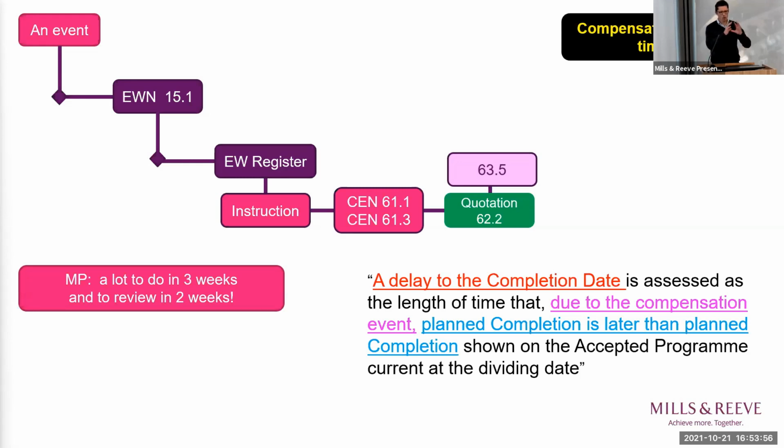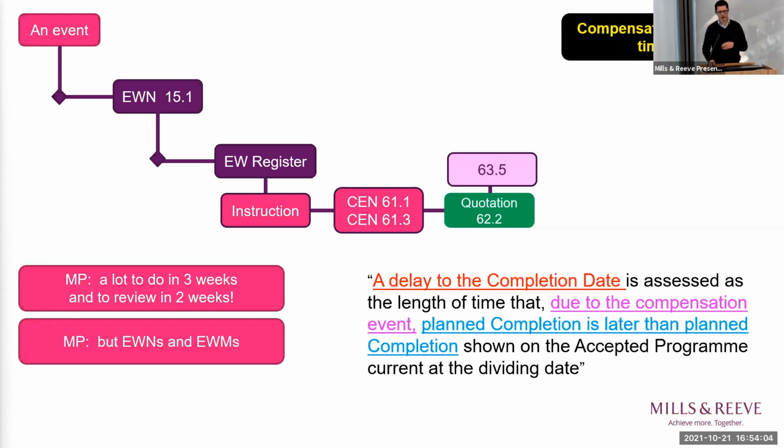And it has to do all of this alongside the cost element of the quotation within a 3-week window. But as I mentioned earlier, hopefully none of this will come as a surprise to the parties, and the early warning regime and the early warning meetings will help to set the scene somewhat.